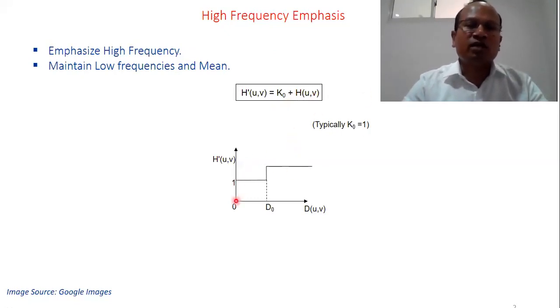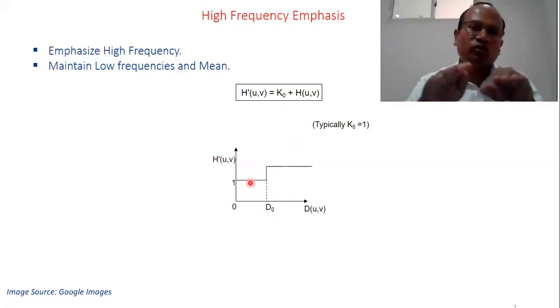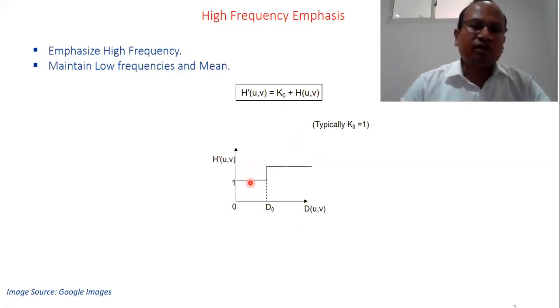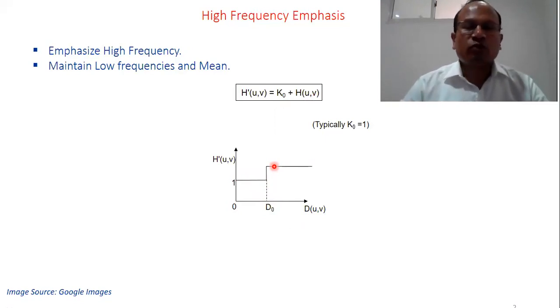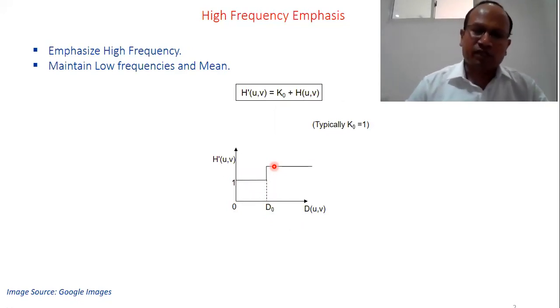Here if you see the transfer function, you will find that till this cutoff distance D0, there is some minimum value K0 that will be allowed, and after crossing the cutoff distance, the gain or the magnitude of the transfer function is even more than 1, which means that the high frequencies are enhanced, magnified. So more emphasis is being given to the high frequency signal.